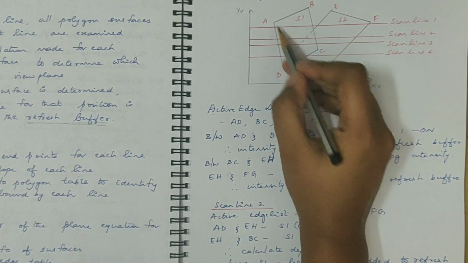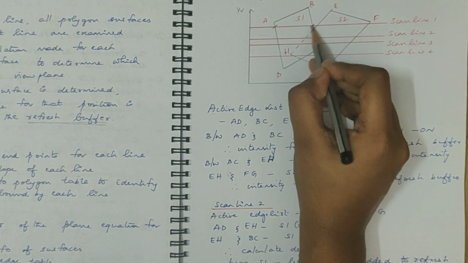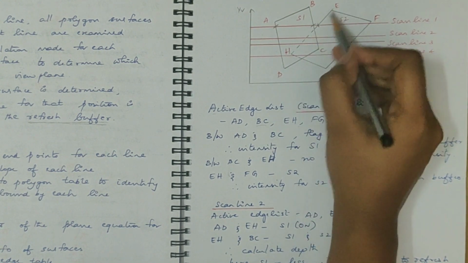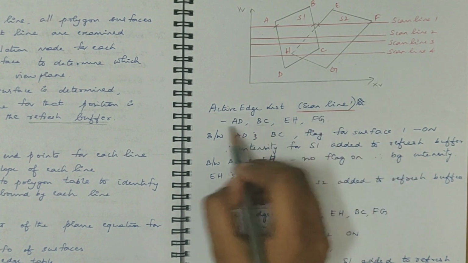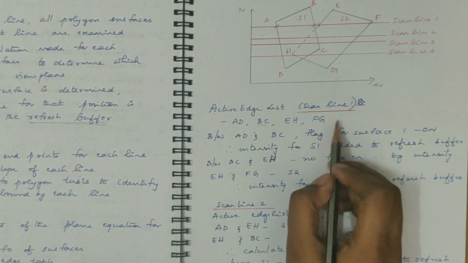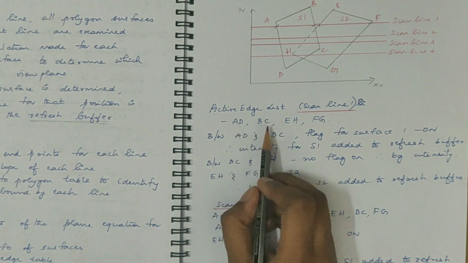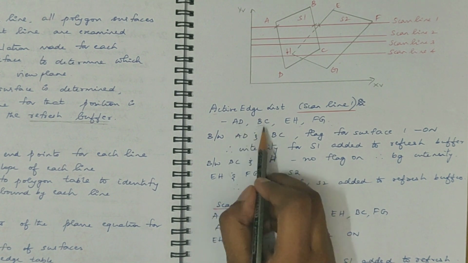First you have AD. The second point is for the line BC, the third point is for the line EH, and the fourth point is for the line FG. So these edges will be entered in the active edge list.